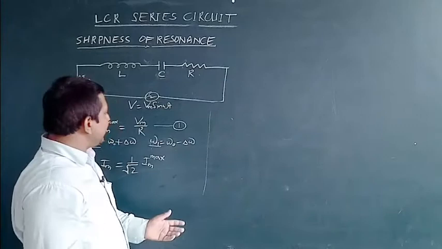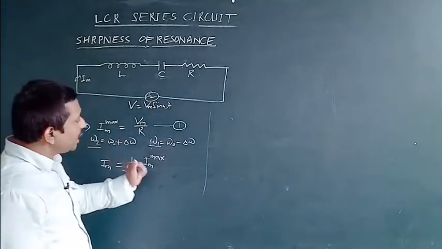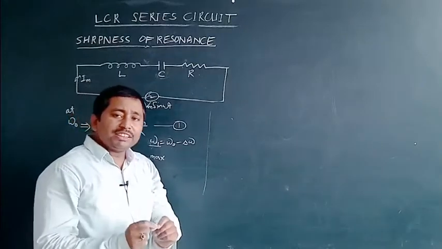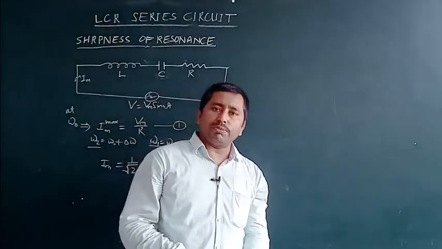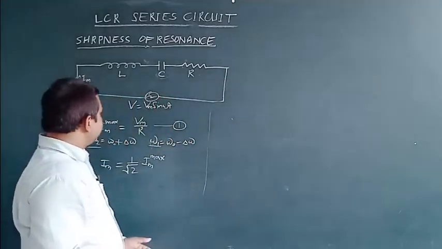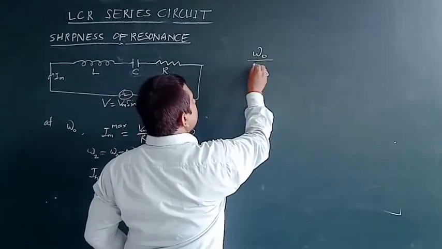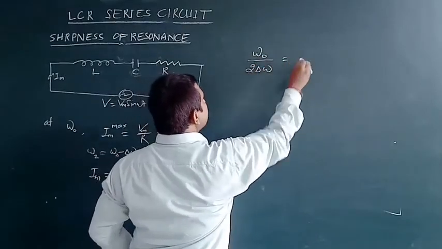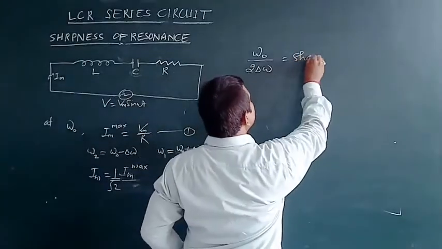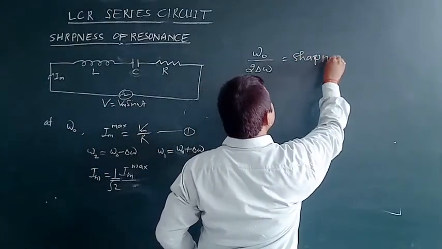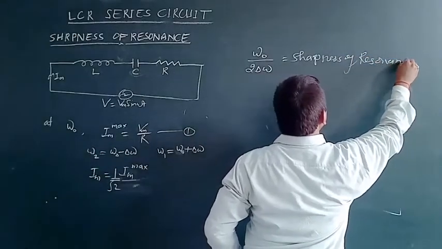At these frequencies, omega 1 and omega 2, the difference between omega 1 and omega 2 is known as the bandwidth of the resonance, and the ratio of the resonating frequency to the bandwidth is known as the sharpness of resonance.